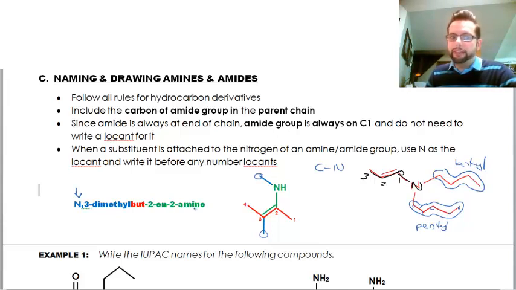So N,3-dimethyl tells me I've got two methyl groups. One of those is attached to the third carbon of my parent chain, and the other methyl group is attached to the nitrogen of my amino group. And when we have more than one substituent, one attached to the nitrogen and one attached directly to the parent chain, we're going to list the N first and then the numbers.